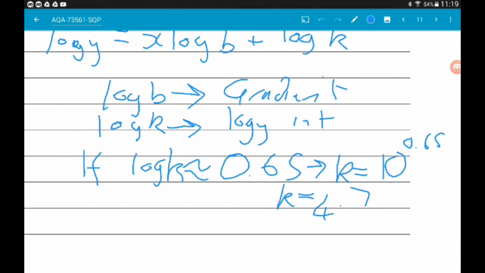So this is one of those questions where everyone's going to have a slightly different straight line, so there is an error interval for the answers here. Okay, now let's find the value of b.